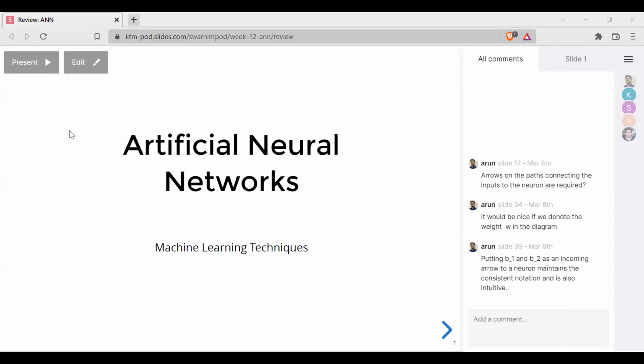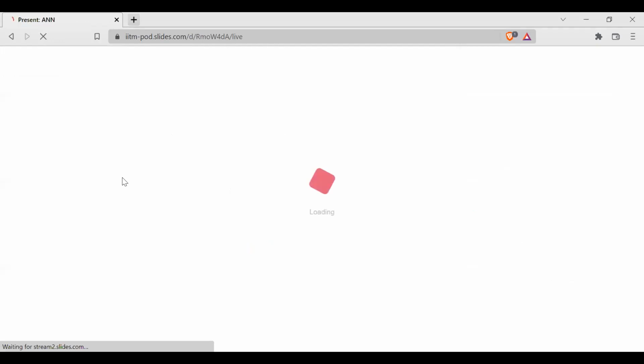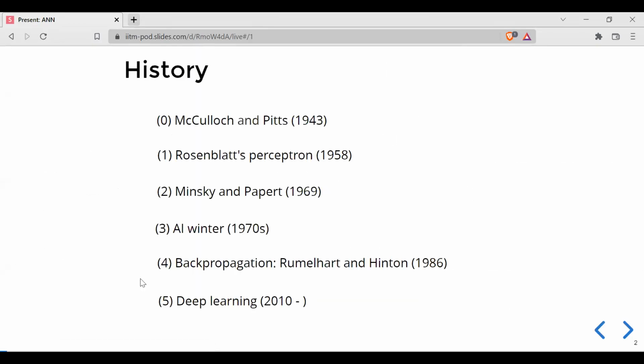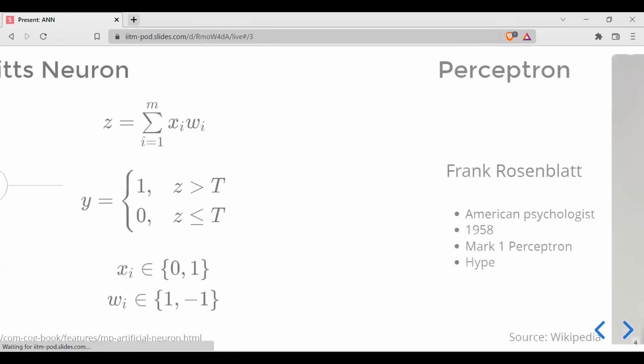Okay, can you see the screen? Yes. We have not covered one of these macro bits, so I'm skipping this, it's not included.